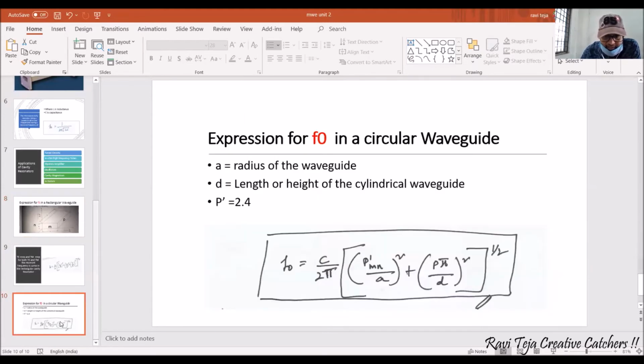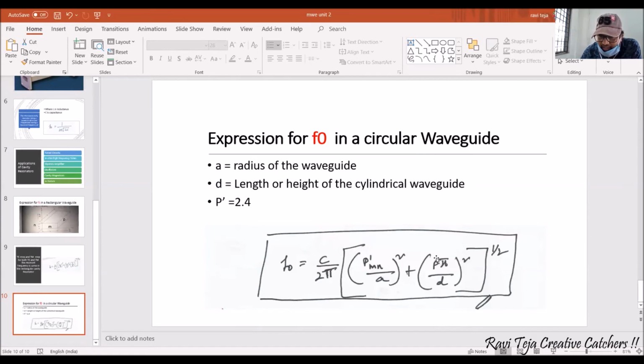Whereas this capital P or P dash is the minimum frequency obtained by a circular cavity resonator. This capital P or P dash, by default, the value will be 2.4. Whenever they ask you to find the operating frequency of a circular cavity resonator, after writing this formula, capital P or P dash should always be substituted as 2.4 only.